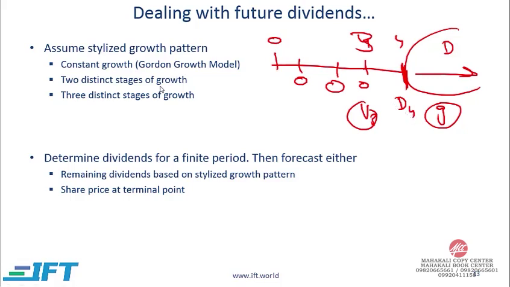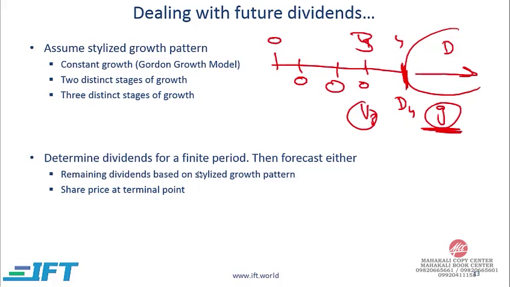Another strategy, or a related strategy, is to use 2 distinct stages of growth, where you say, okay, over a certain number of years the growth is relatively high, and after that the growth is stable at G. You can also have 3 distinct stages of growth, which we will talk about later.